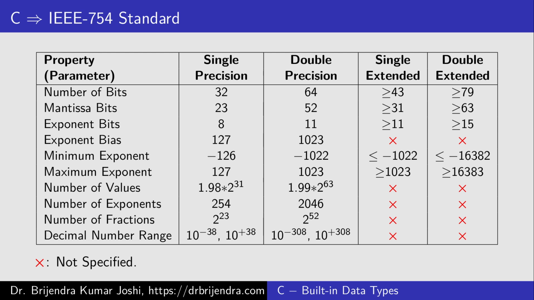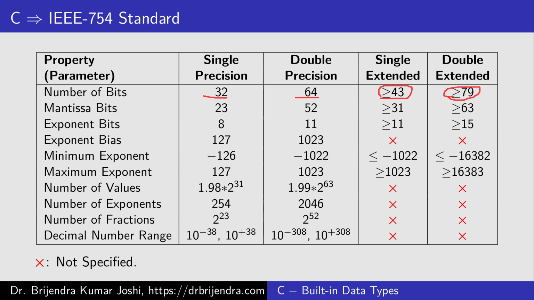Now, as per the 754 standard, the number of bits for float, that is single precision, is 32. Double precision is 64 bits. The single extended format has greater than or equal to 43 bits, and double extended has greater than or equal to 79 bits.